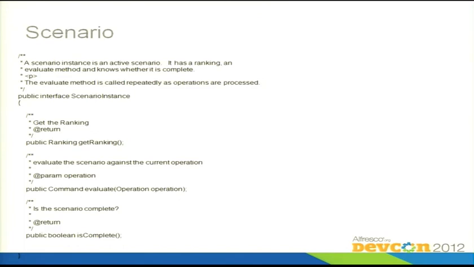Operations are the things that JLAN is telling us to do, and commands are the things we're telling the repo to do. They're fairly synonymous, but that's the naming I've used. And the final thing is the scenario complete. A scenario can be complete either because it's done something or it's worked out it's irrelevant.